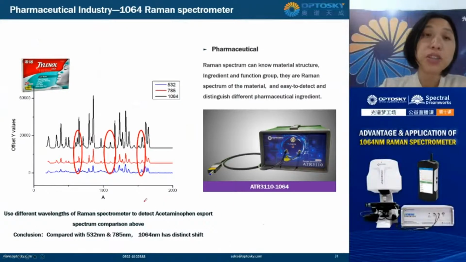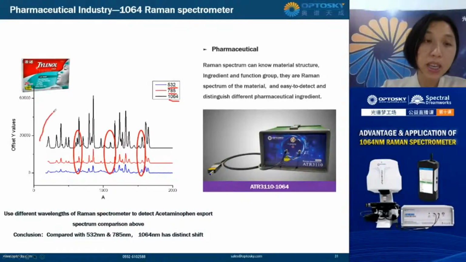The pharmaceutical industry also uses 1064 nanometers Raman spectrometers, since the Raman spectrum can reveal material structure. You can see this is 532, the blue one, and 785, the red one, and 1064.